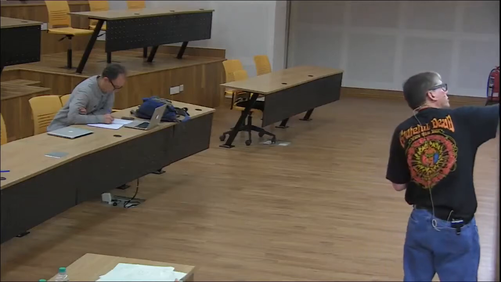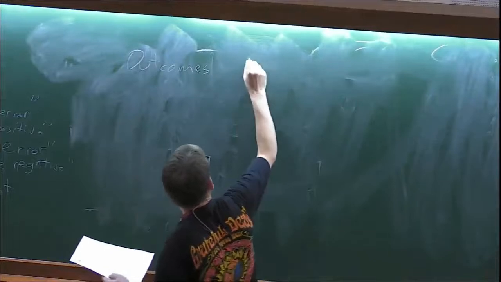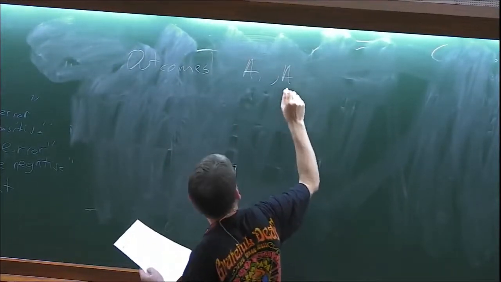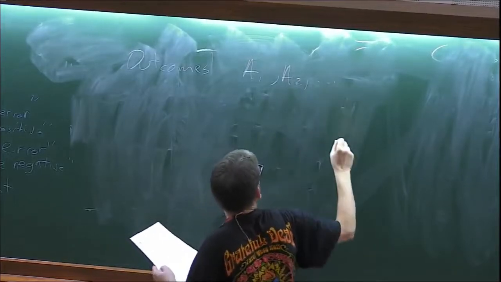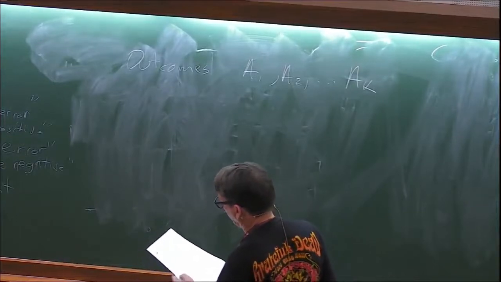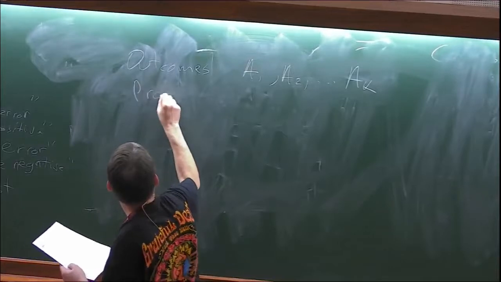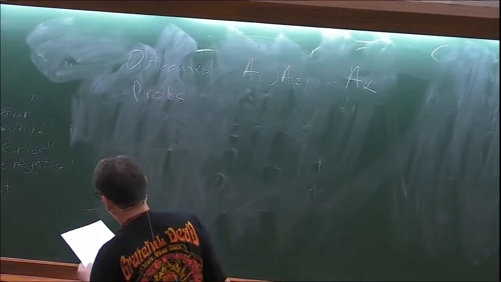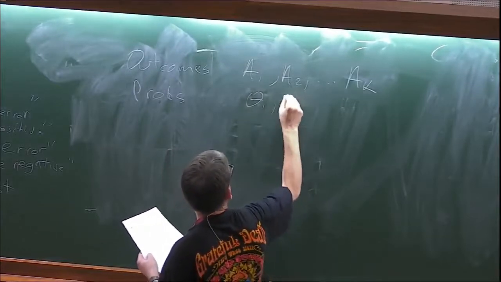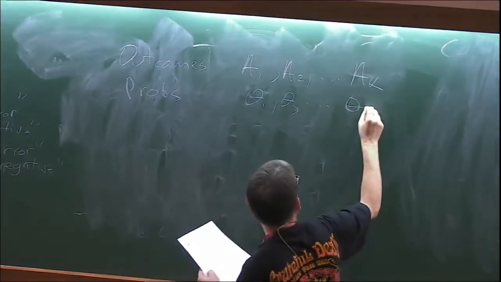You have mutually exclusive outcomes. In the binomial, you have two outcomes. Here you have k outcomes, and you have probabilities for each outcome: theta 1, theta 2, up to theta k.